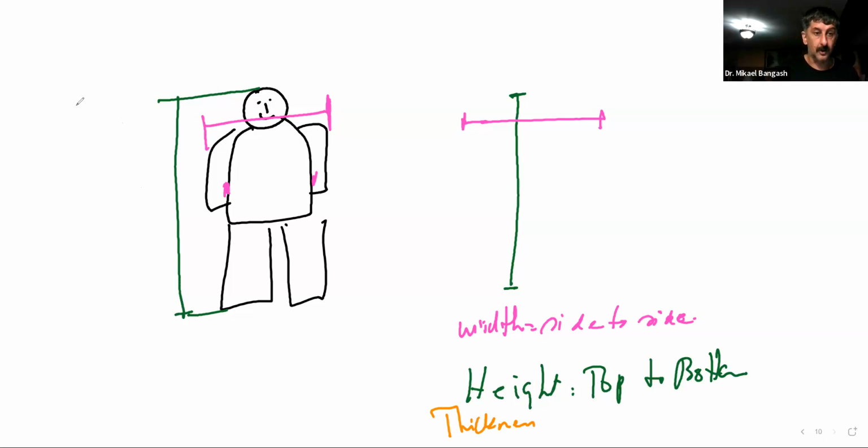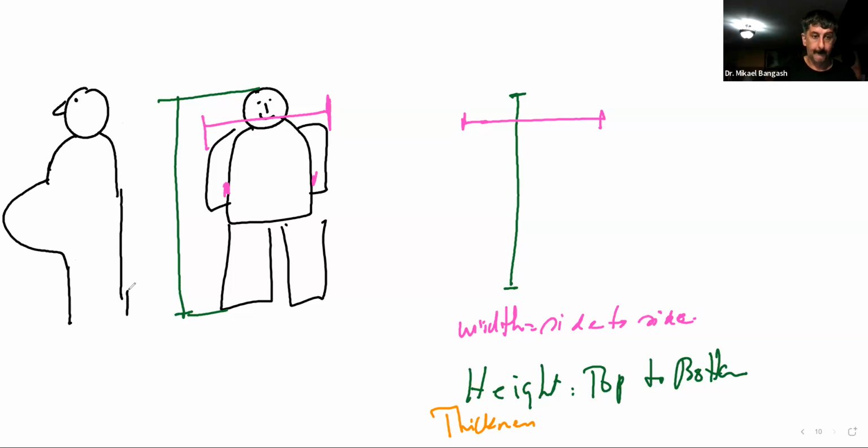Now for that we'll need to switch this person here sidewise to be able to explain what thickness is going to be. So thickness, that's the dimension from front to back.